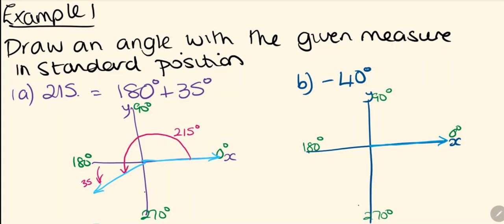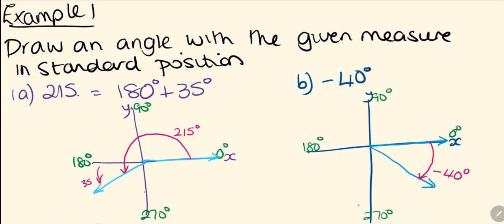So this time it's going to go clockwise. So 40 degrees is going to be about here. So this angle here is going to be minus 40 degrees. So this is negative and it's clockwise.